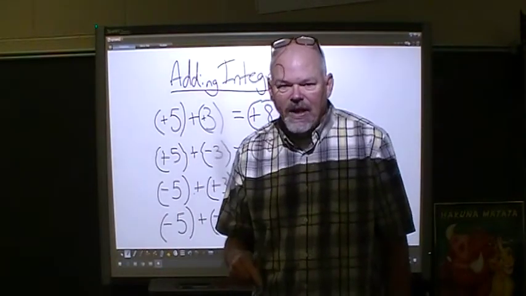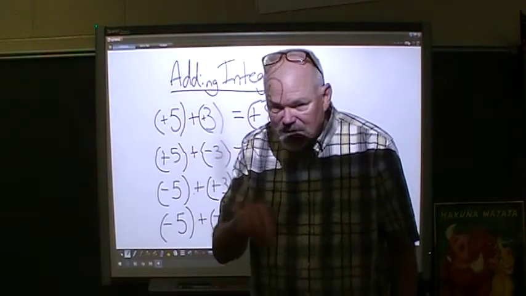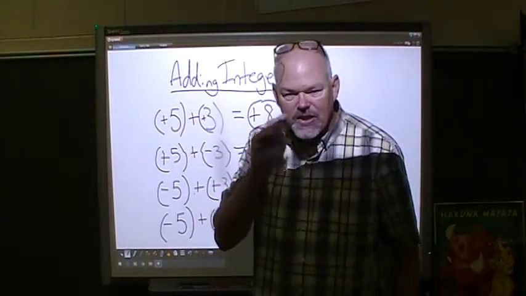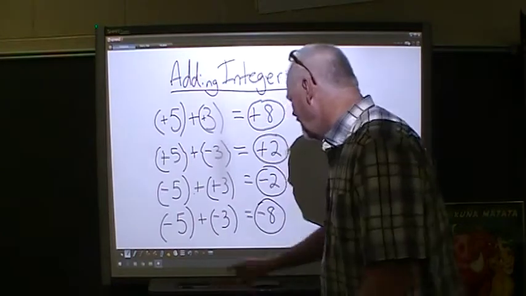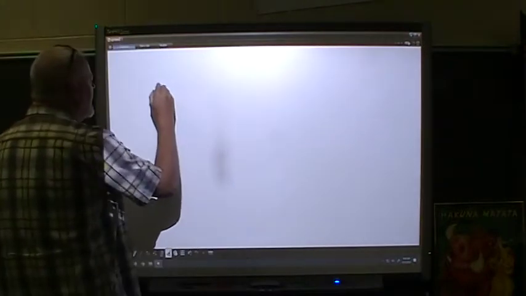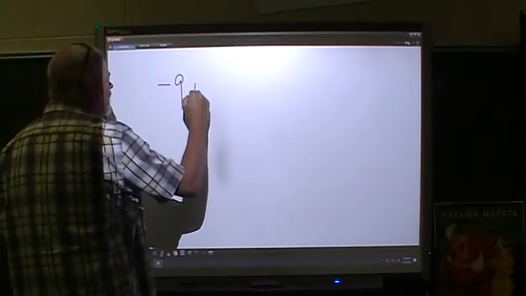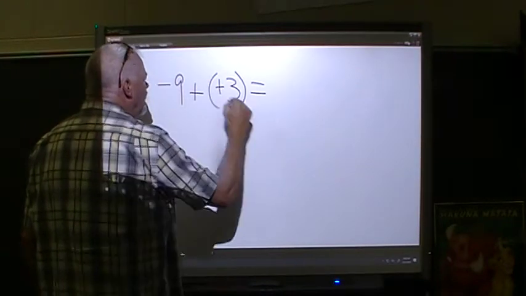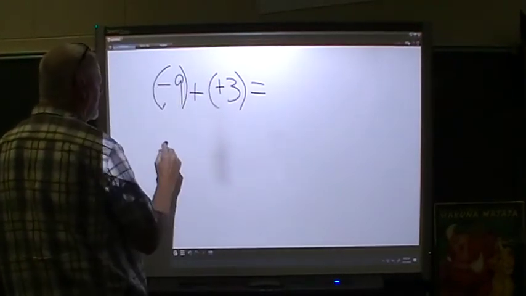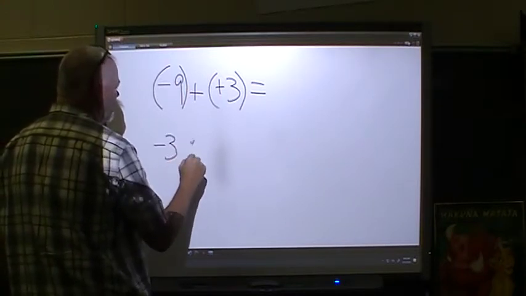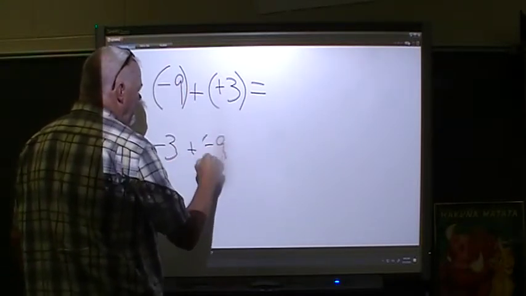All right? So what I want you to do now, I'm going to put 4 questions up on the board, and you practice them. Go get a piece of paper, pause it. Let's do negative 9 plus positive 3. Let's do negative 3 plus negative 9.